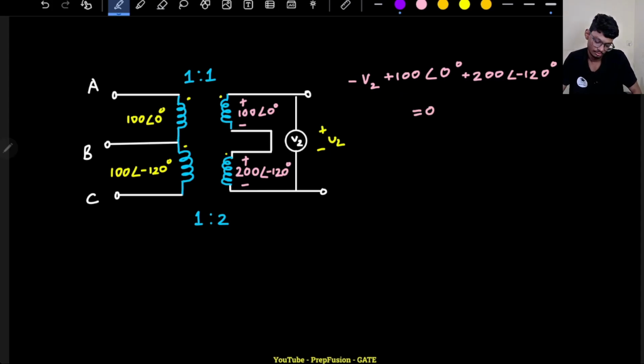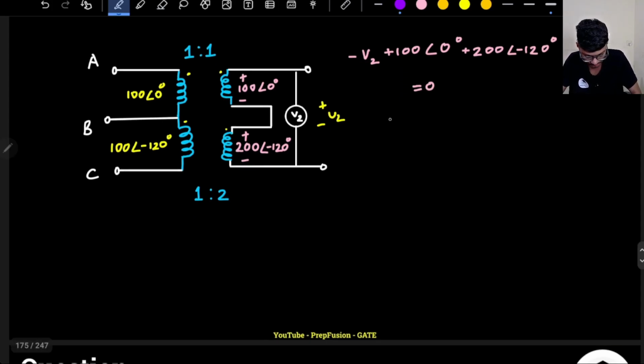So from here I can write what is my V2. V2 is equal to 100 angle 0 plus 200 angle minus 120.